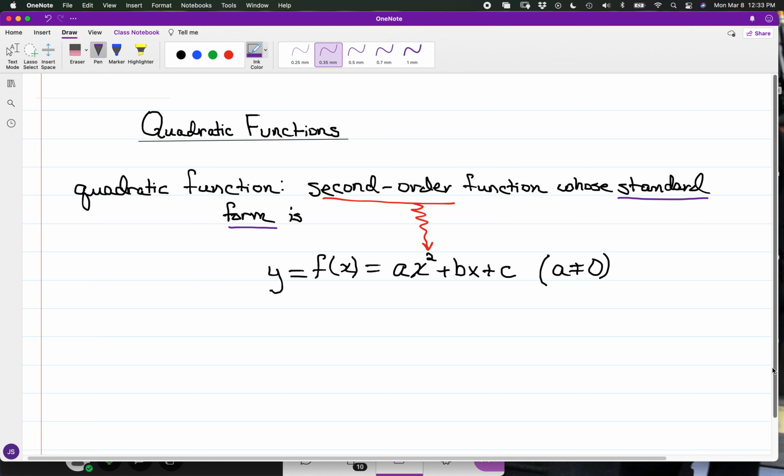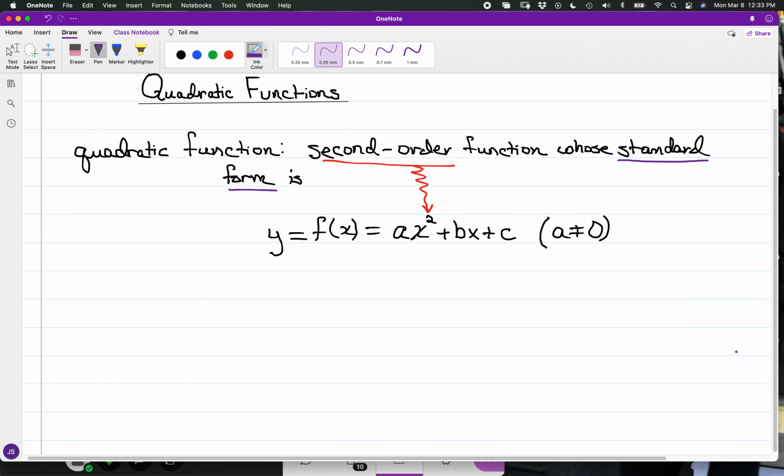Now, there's another form we're going to be looking at. Personally, in terms of solving problems, I normally go with the standard form of a quadratic function. But the first section in chapter 2 is going to reference what is regarded as the vertex form.